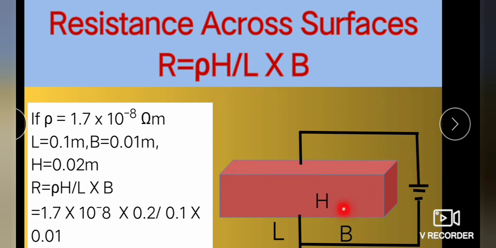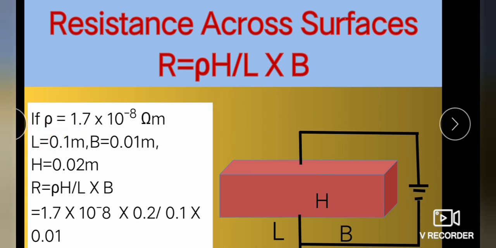But here in the question, since the battery is connected between the top and bottom surface, the length is equal to height is considered, and the area of cross section should be length into breadth. So L cross B is considered.